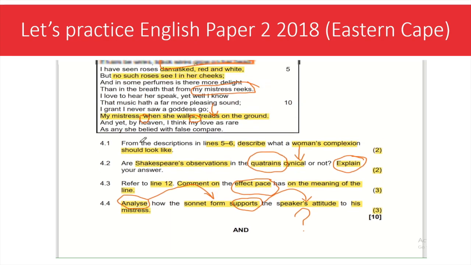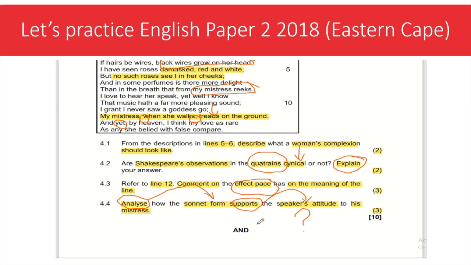At the end over here, he tells us, and yet, by heaven, I think my love as rare as any she belied with false compare. So he says, actually, if I think about it, my love is beyond anyone else's. It's a rare love. Why? Because if I have to compare this mistress to anyone else, she just doesn't compare. She's the best.